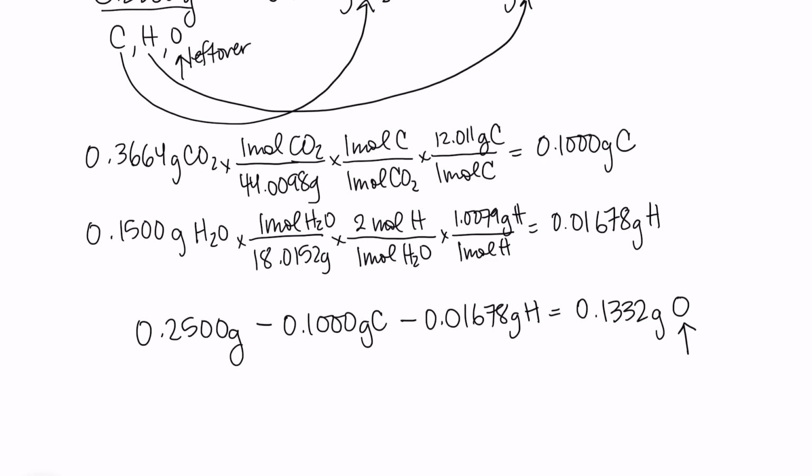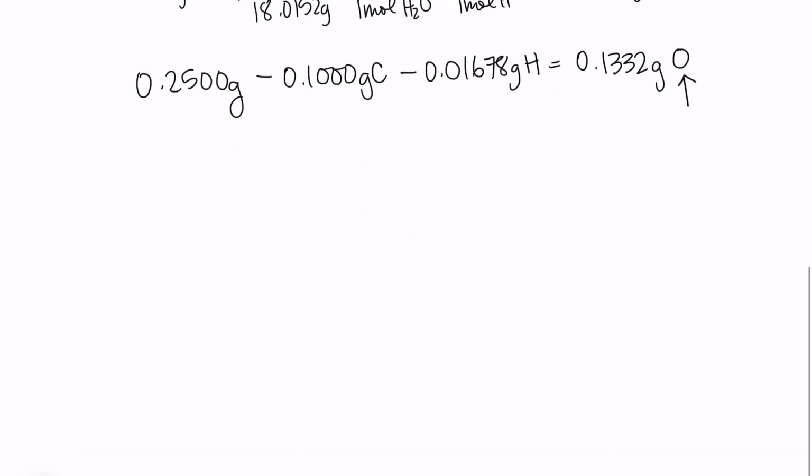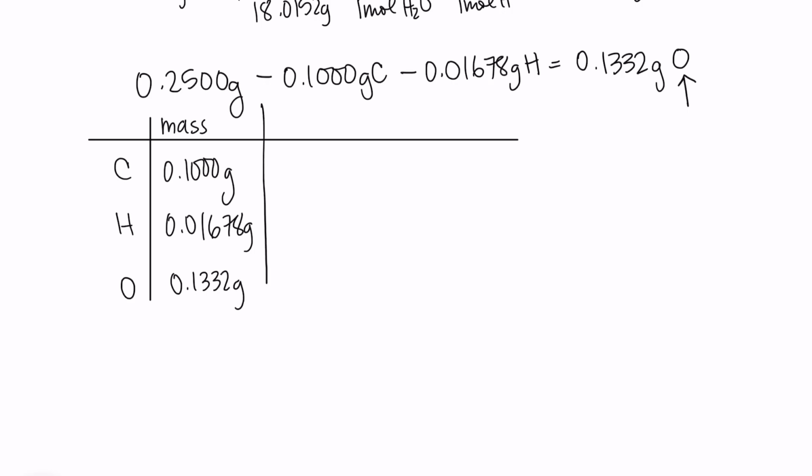So now I know the grams of carbon, hydrogen, and oxygen, so I can set up my table to do my conversion. I know the mass here is 0.1000 grams of carbon, 0.01678 grams of hydrogen, and 0.1332 grams of oxygen.